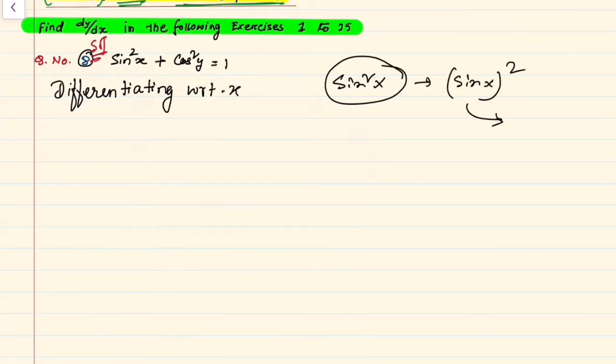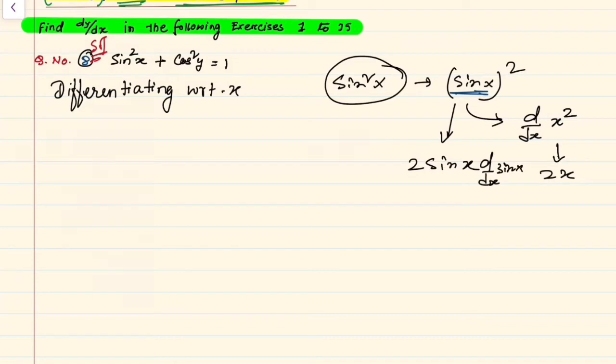So now here we are going to apply the derivative of x square. So applying that, we will get twice, the derivative of x square is twice x, so it's going to be 2 sine x, isn't it? Then again you need to differentiate this sine x, the derivative of sine x, it is a function of function. Okay, so 2 sine x, then the derivative of sine x again.